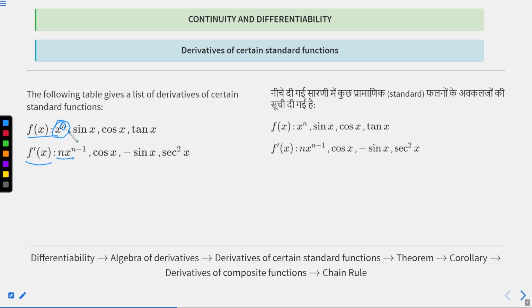This n now becomes the coefficient of x, and the power is reduced by 1 degree, as you can see, n minus 1. Now the derivative of sin x is cos x, of cos x is minus sin x, of tan x is sec squared x. You will see how we get these, but for now you have to memorize them. Let us move to next.